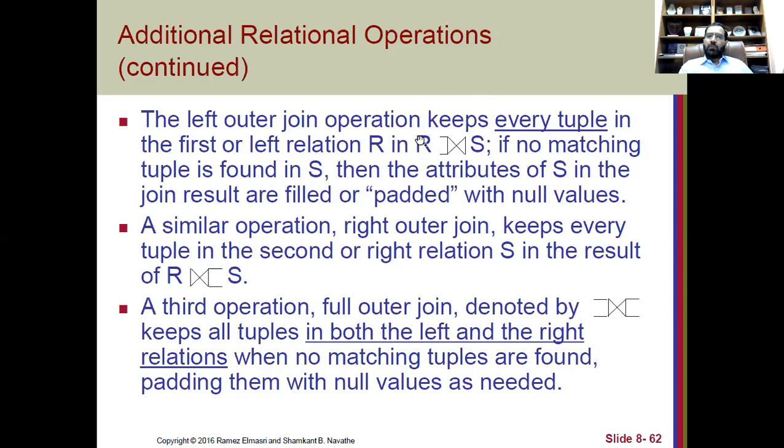All unmatched tuples of R will remain in the resultant relation, but not the unmatched tuples of S. In the right outer join, you have two parallel lines on the right hand side of this bow symbol, which is a join symbol. It means that all unmatched tuples of S will be in the result, but no unmatched tuples of R will be in the result.